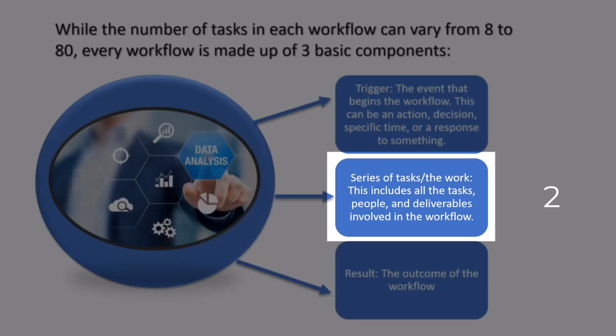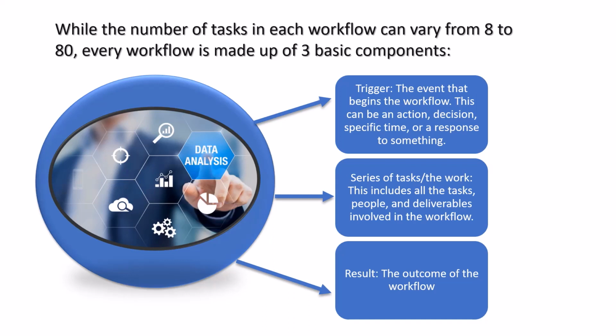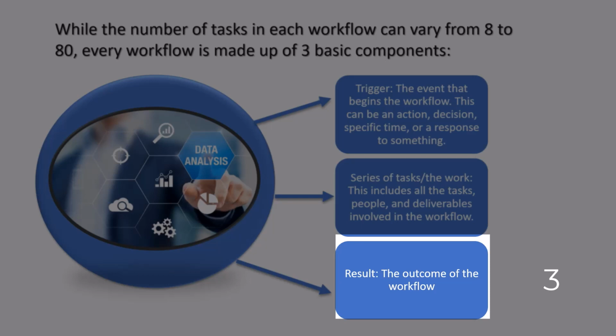The workflow includes all of the tasks, but it includes all of the people assigned to specific tasks and what is supposed to be done in the workflow to complete that task. The tasks are sequenced for the most efficient utilization of the different tasks in the workflow plan. The outcome of the workflow is the result of the plan.